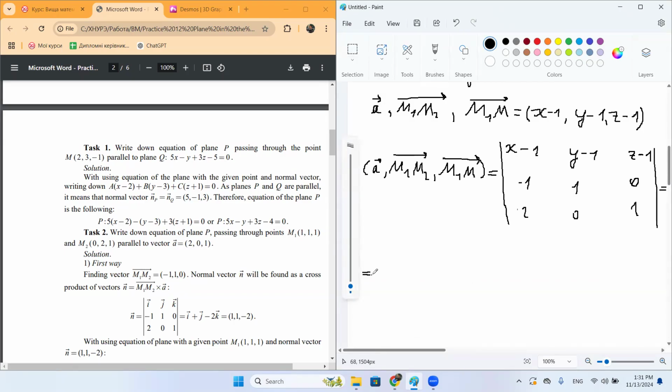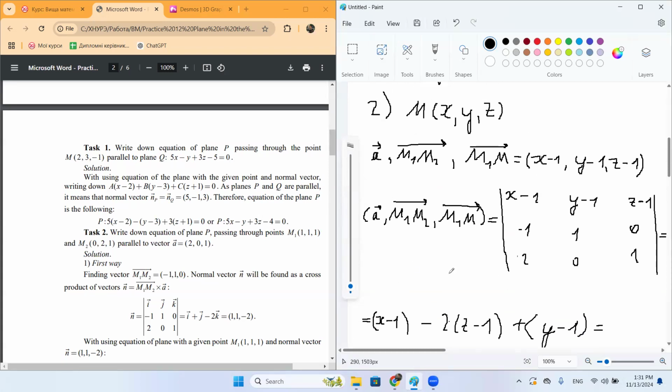So what we have: x minus 1, 0, 0, minus 2, z minus 1, 0 here, 0 for x, plus y minus 1, and it equals 0.